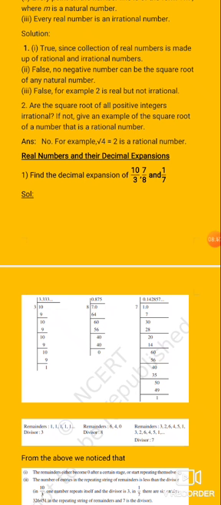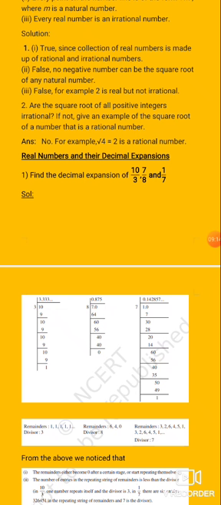Then all the remainders are 1. Second one, the remainders are 6, 4, 0. At last it becomes 0. Now the third case, the remainders are 3, 2, 6, 4, 5, 1, and then they repeat.